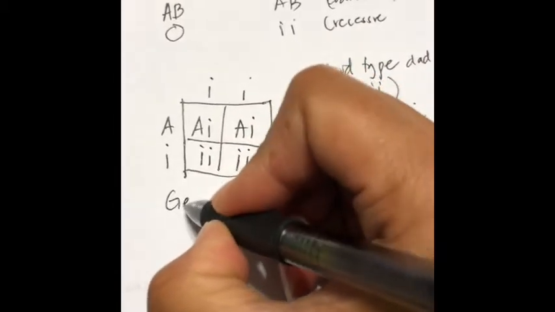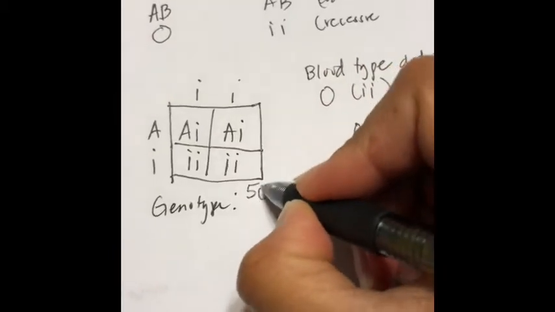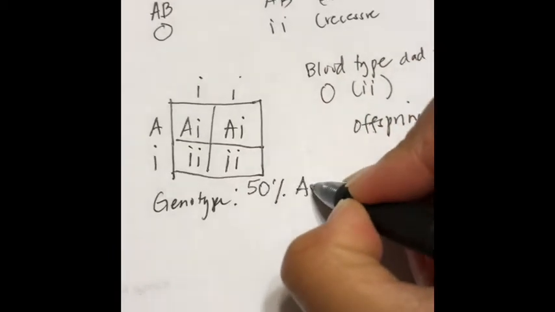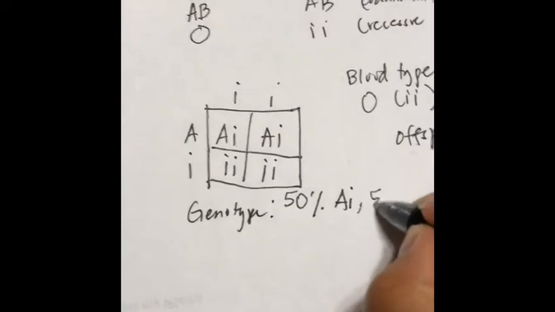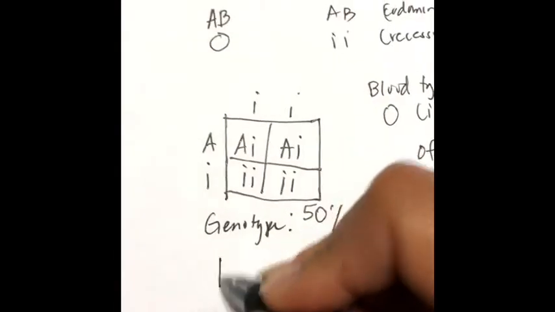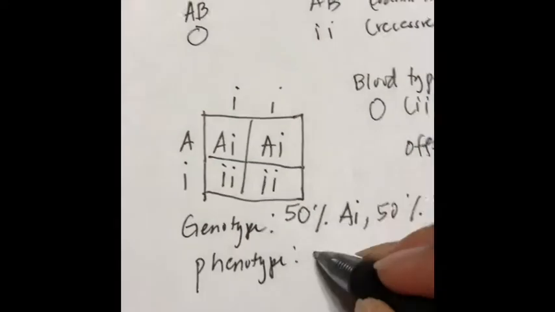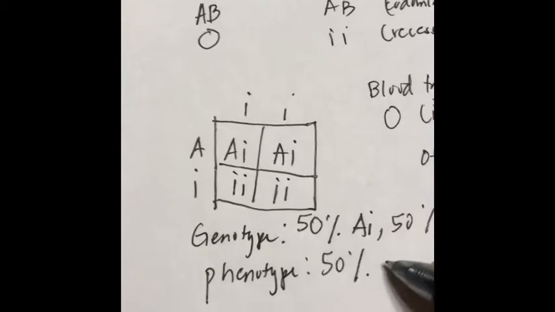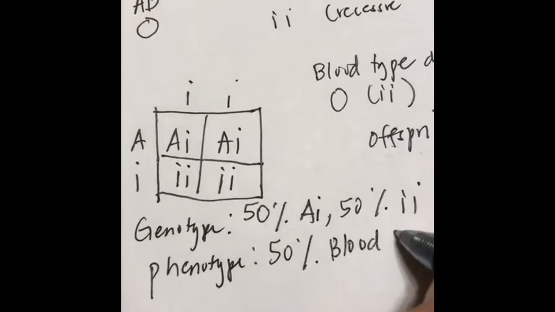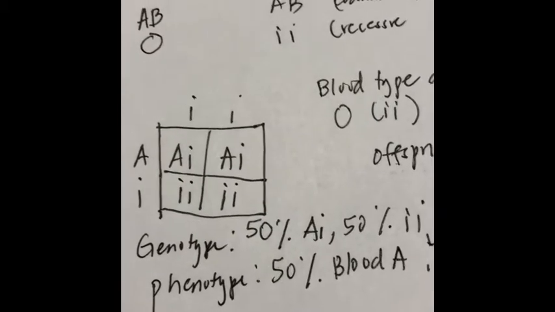So our genotype ratio would be 50% are going to be heterozygous Ai, the other 50% would be ii. And then the phenotype would be 50% blood A, and 50% blood O.